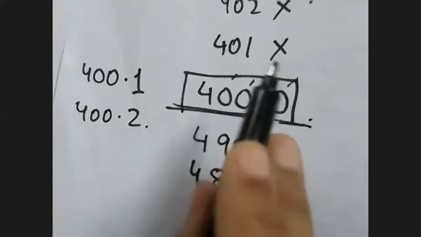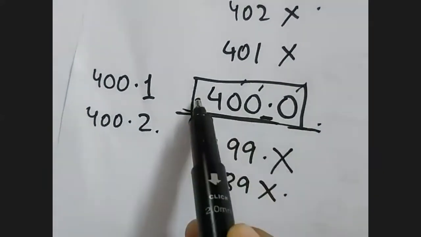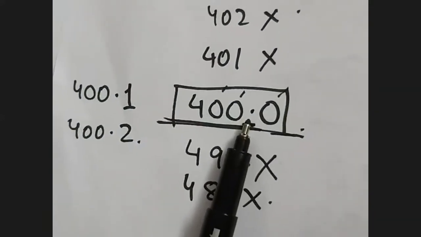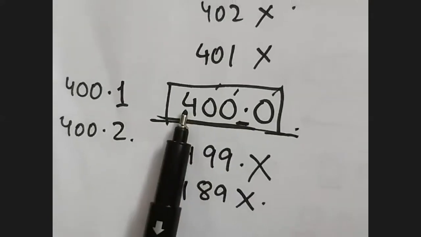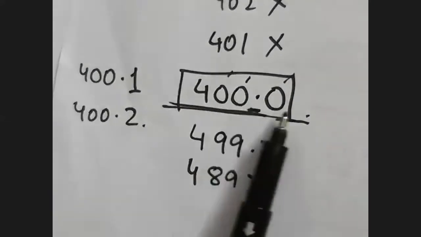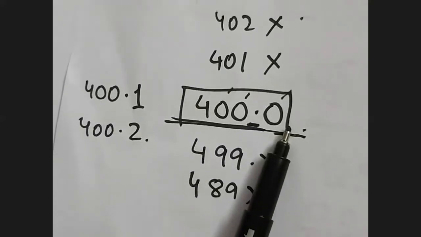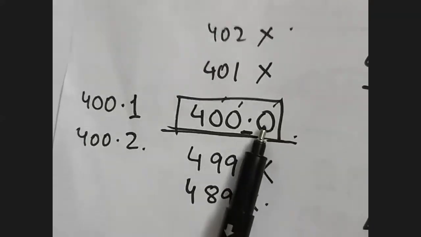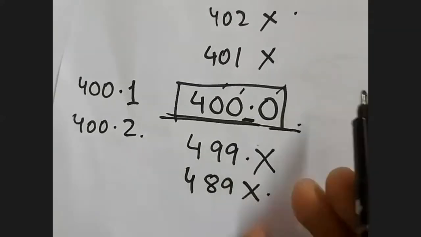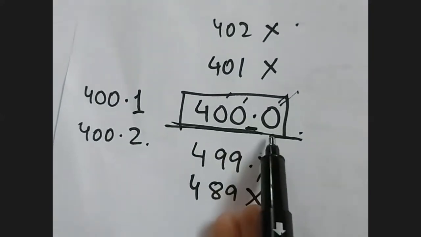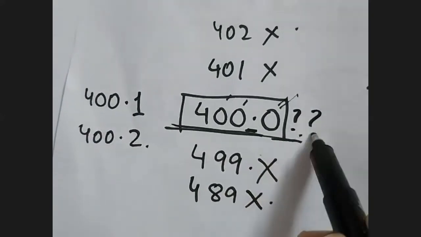Therefore, because of this decimal, so much accuracy has been brought into this number that it now has 4 significant figures: 1, 2, 3, 4. Even this 0 is significant. Why? Because it tells us that we know the accuracy to 1 digit after the decimal place, but after that we don't know.